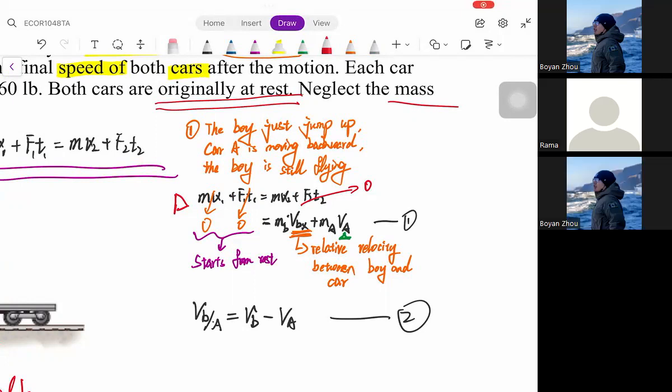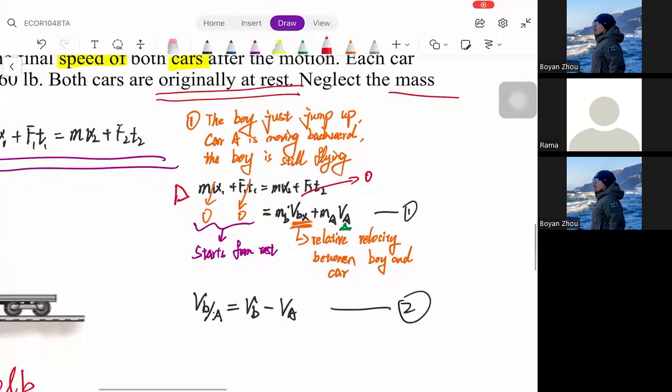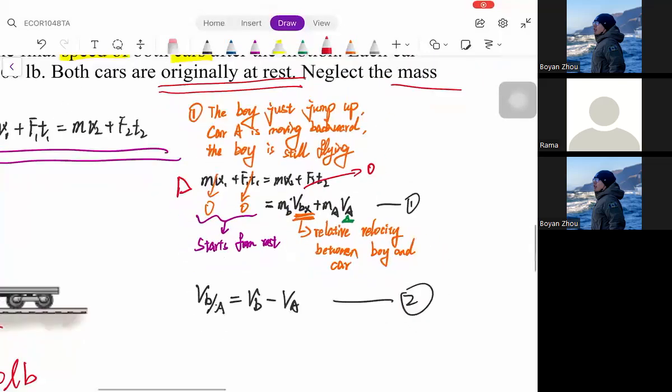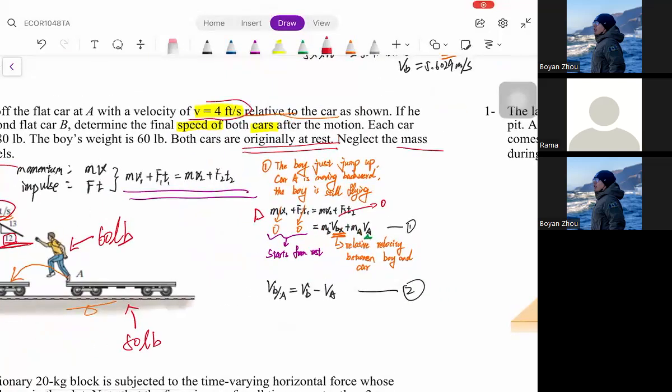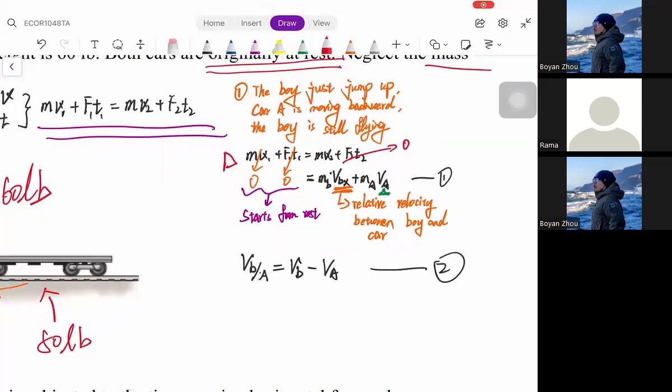So that is the balance equation. And in this balance equation, the velocity of the boy is the velocity relative to the ground. But in the question, the velocity given here is relative to the car.